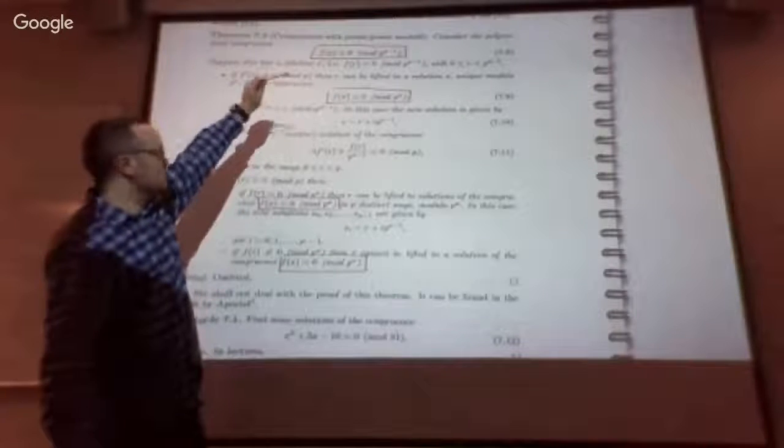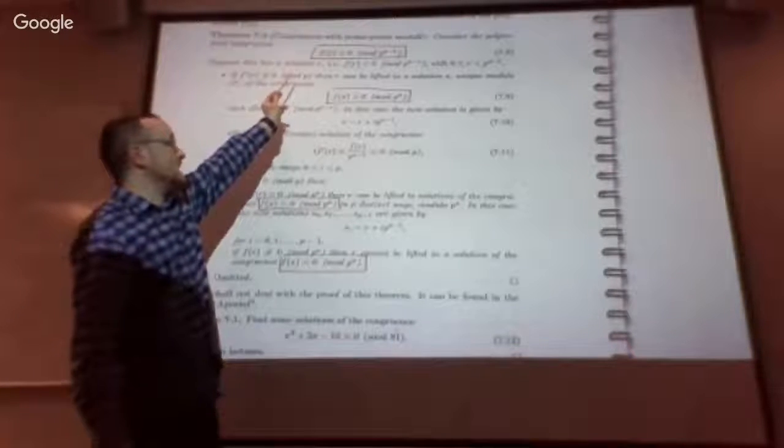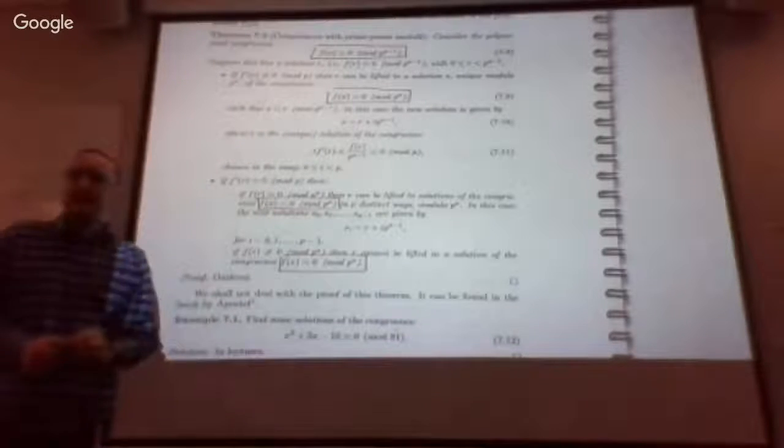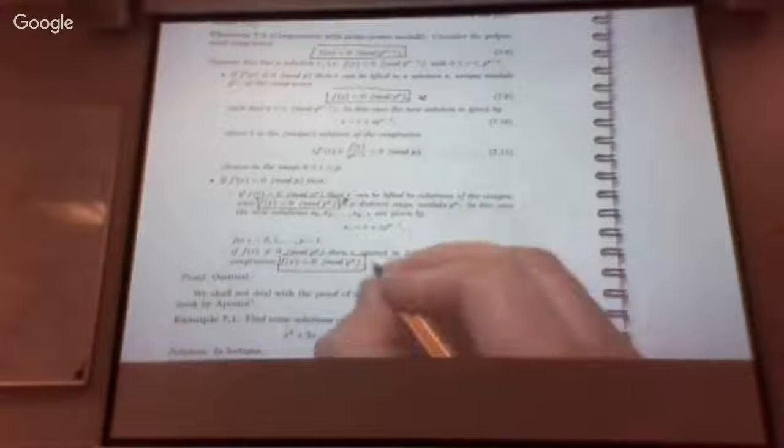So with what you did have, a solution already modulo p to the a minus 1, this theorem tells you if and how that solution lifts to the next possible power in the ladder of powers.